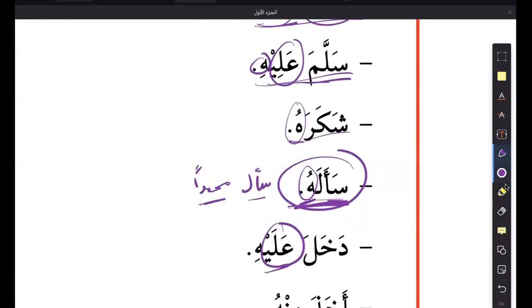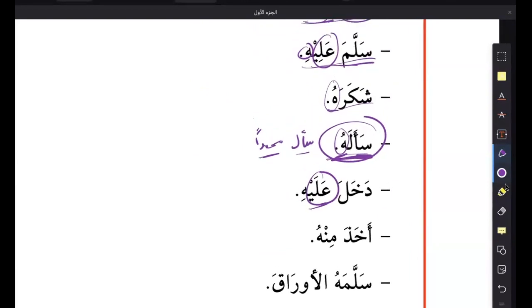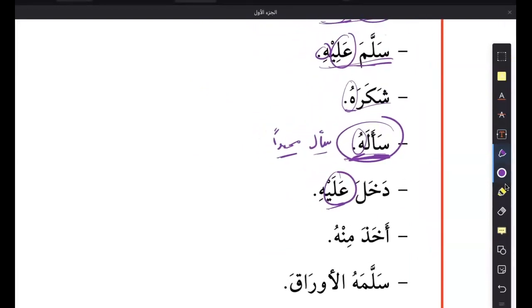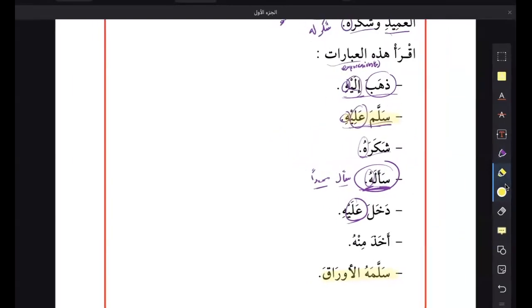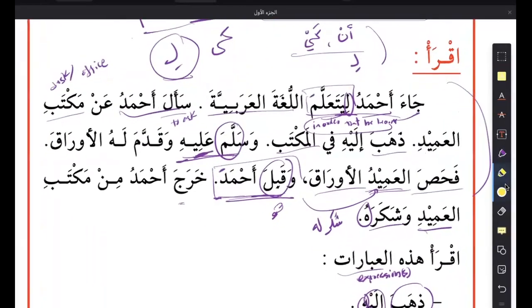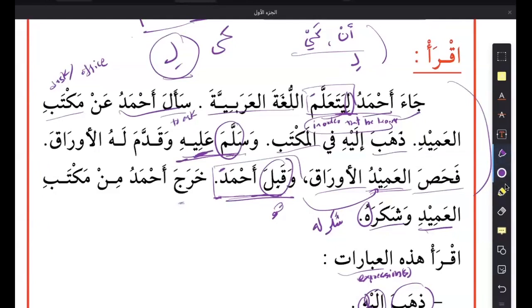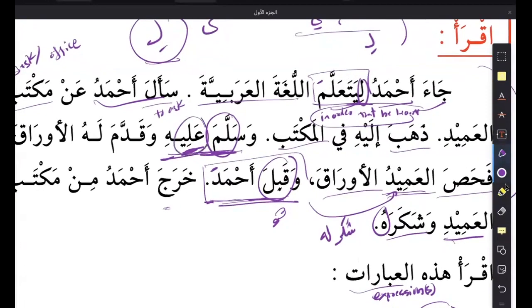Here's what I meant, subhanallah, good. Here's what I meant about the verb sallama. I'm so glad that they gave this example. Remember what I was telling you, that when you want to use this verb sallama to give salam, then you need the ala, otherwise the meaning will not come.